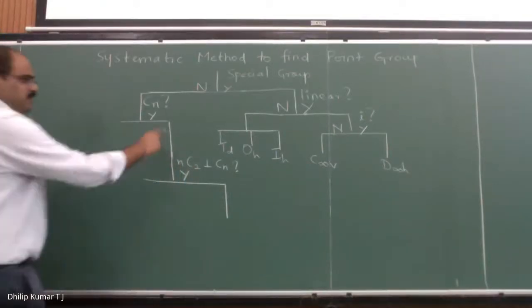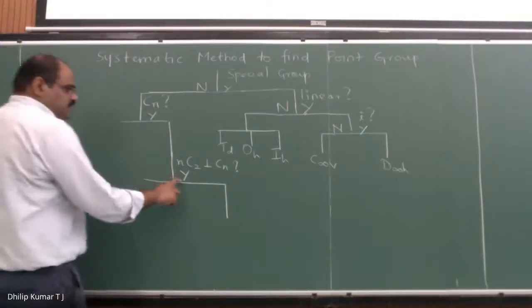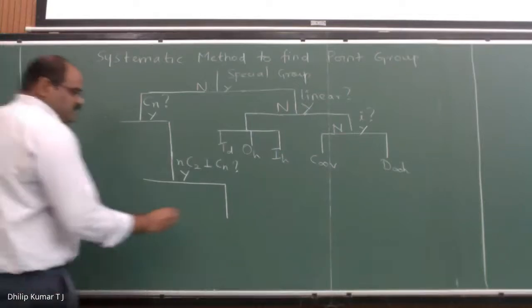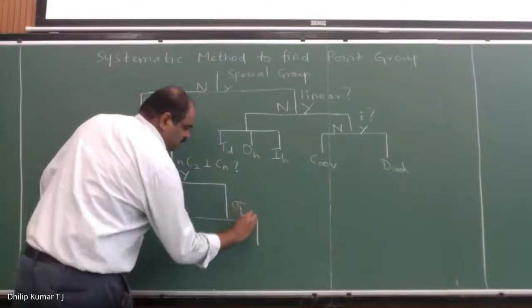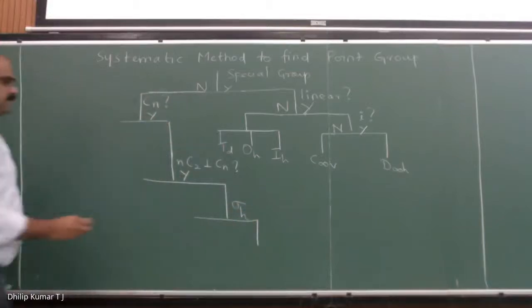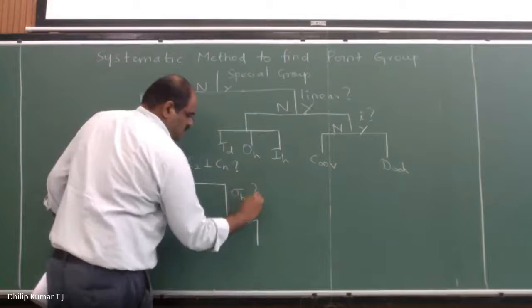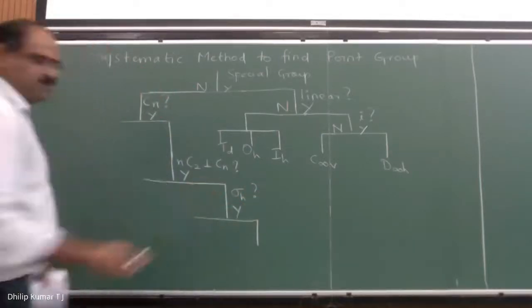okay. So I think we have seen what it means by n times of C2 perpendicular to Cn. If the molecule has this property, then answer is yes. Then again check more. If the molecule has sigma h, I'll just write it here. If the answer is yes, then it will be D groups.